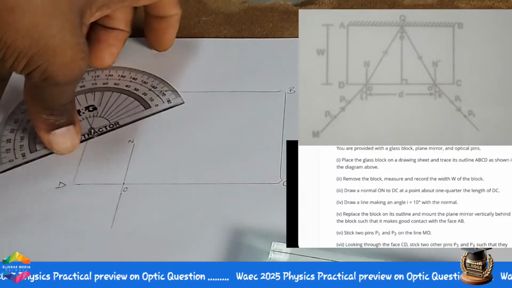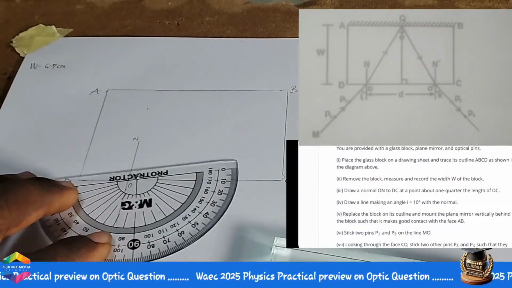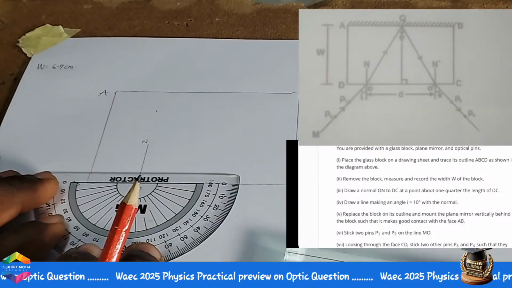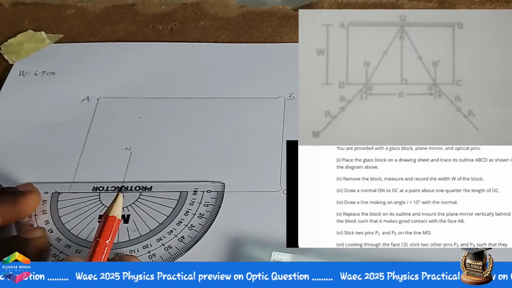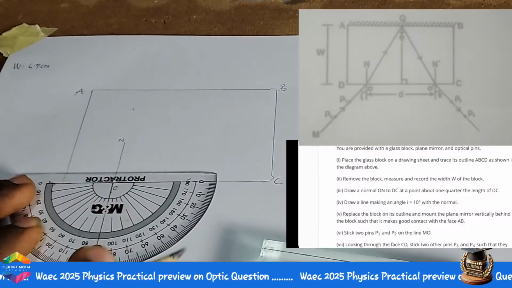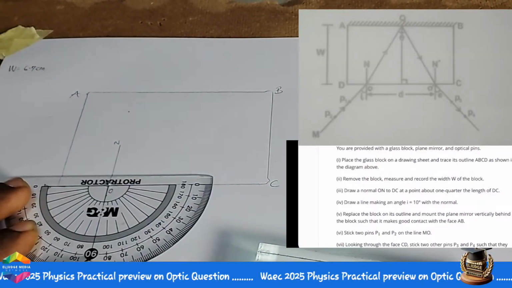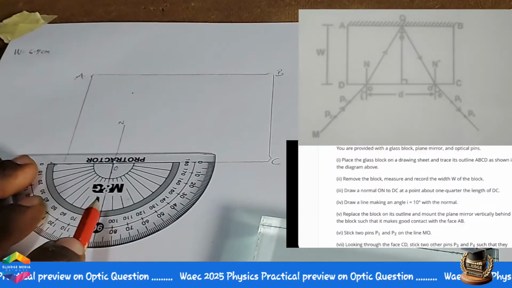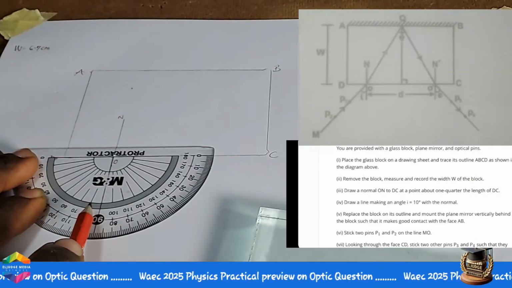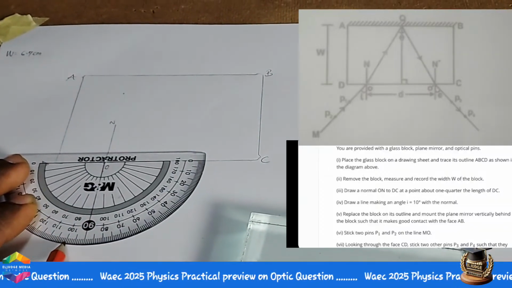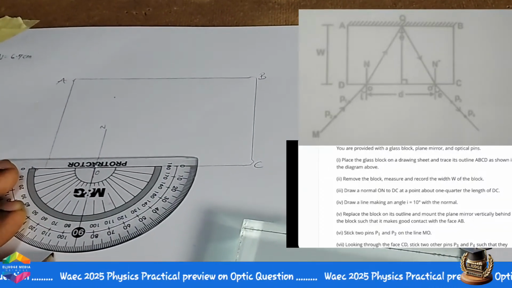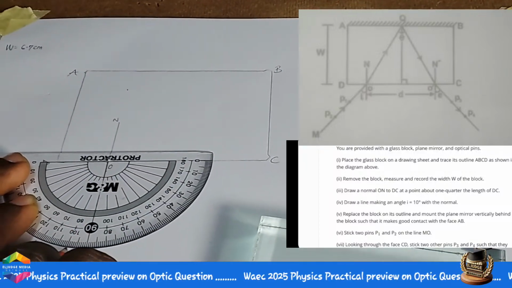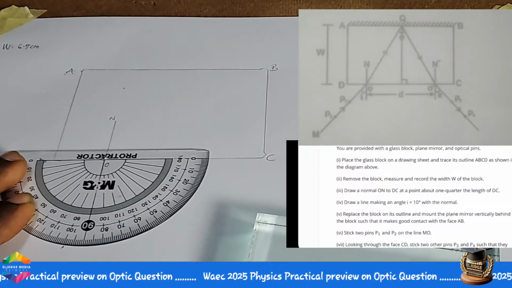So you're going to take this. Now you can turn it. Make sure the lines are properly aligned. So this is 90. The angle of incidence they told us is 10 degrees. So you mark it at this 10 point here. That's 10 degrees from the normal.